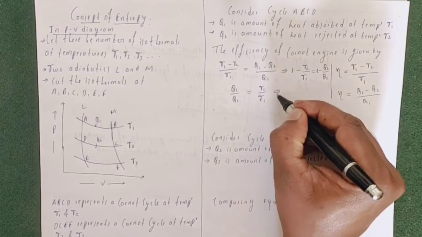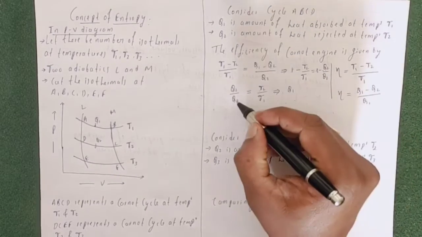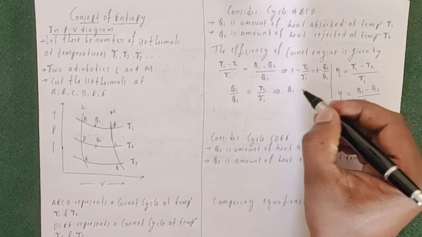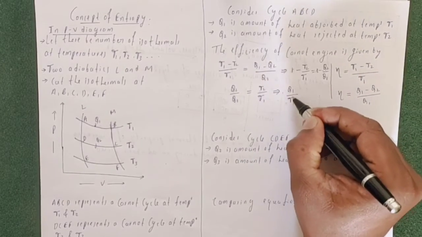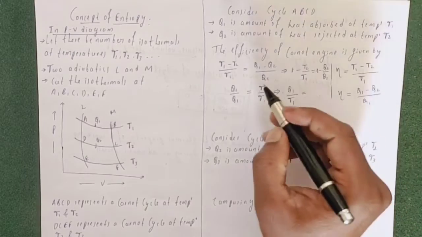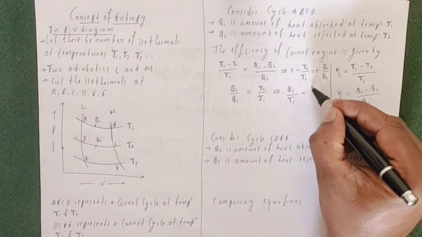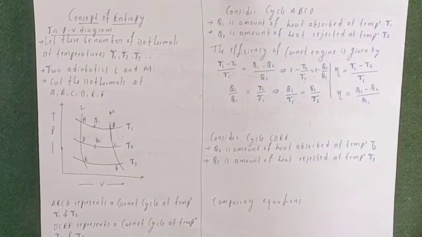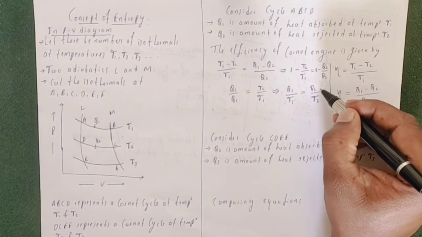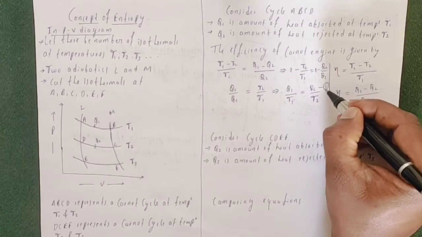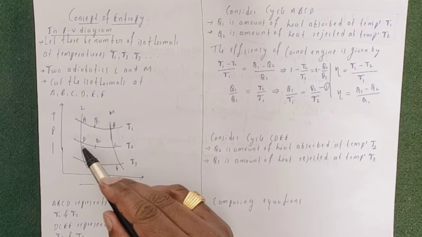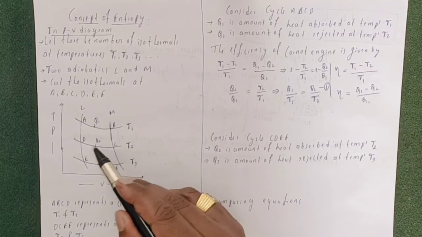Or we can write it, interchanging the terms, as Q1 divided by T1 equals Q2 divided by T2. Let us denote this equation by 1. Similarly, another Carnot cycle is formed, that is, CDEF.